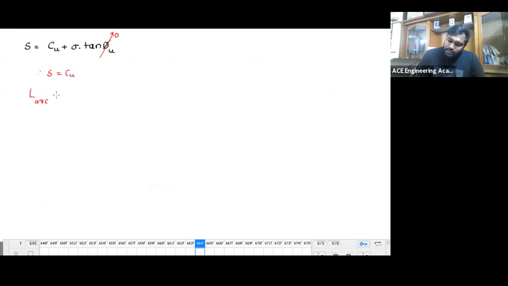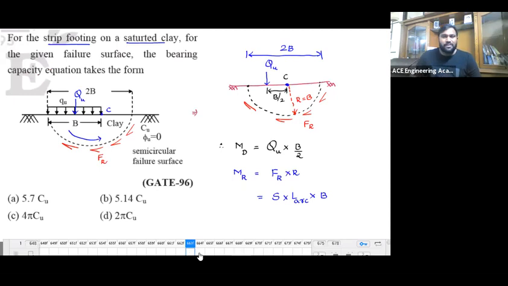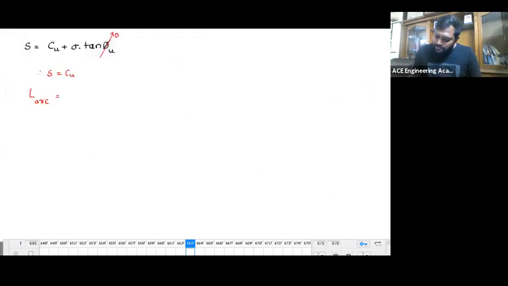And can you please tell me what is the length of arc over here? The length of arc is nothing but the perimeter, right? It's a semicircle. This is a semicircle. And what is this length of arc, please? A semicircle means what is the angle? 180 degrees. Yes. For 2 pi, the perimeter is 2 pi r.